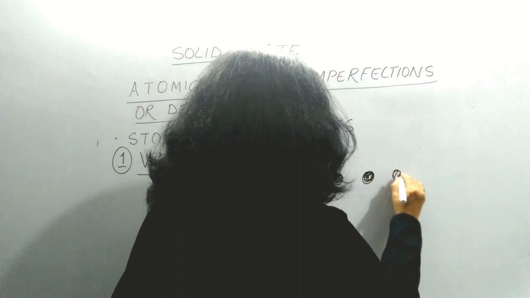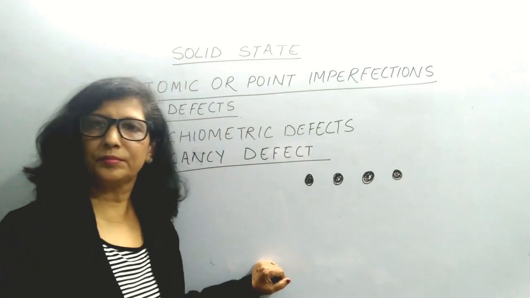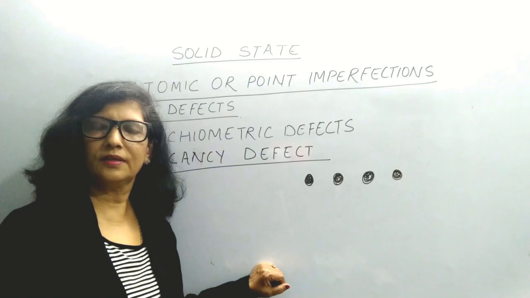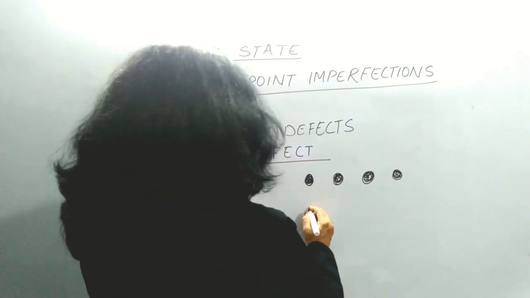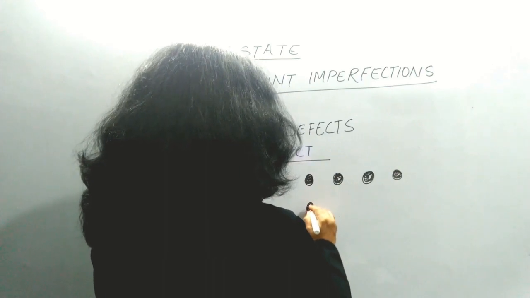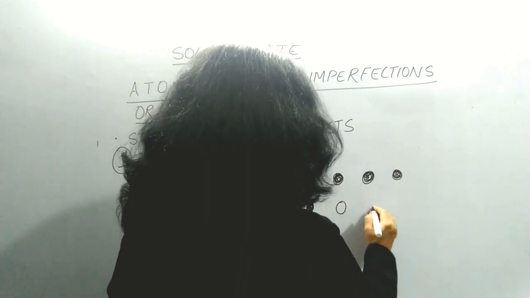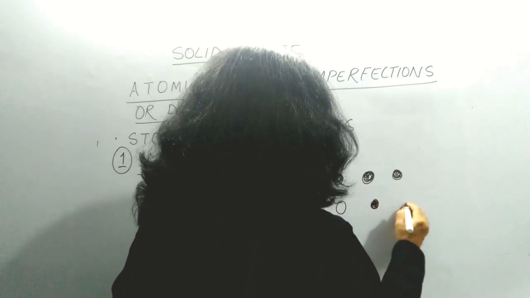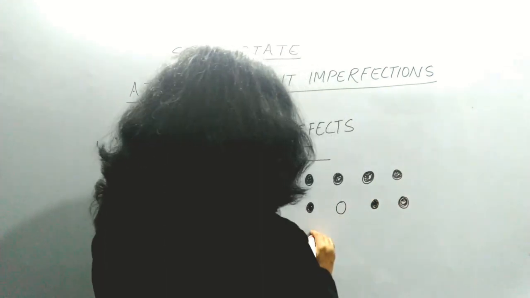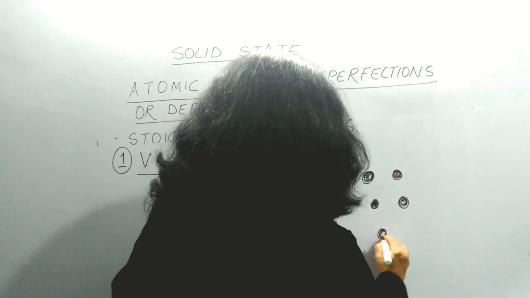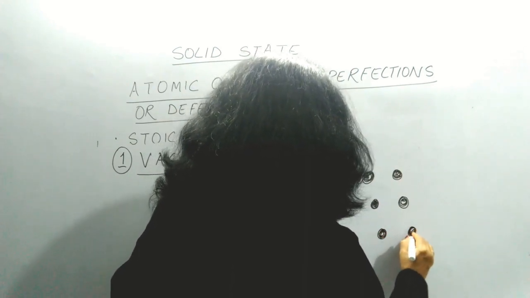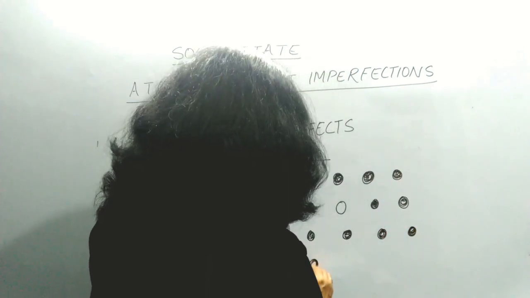As we know, lattice is purely geometrical concept consisting of periodic arrangement of points. So some of the lattice sites are vacant. Can you see here? This is the lattice I am making.